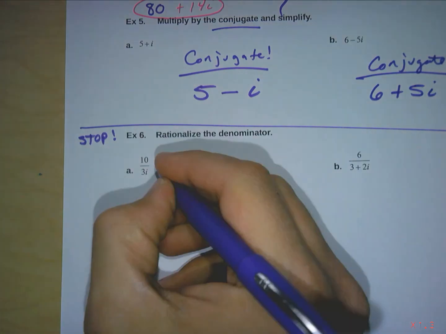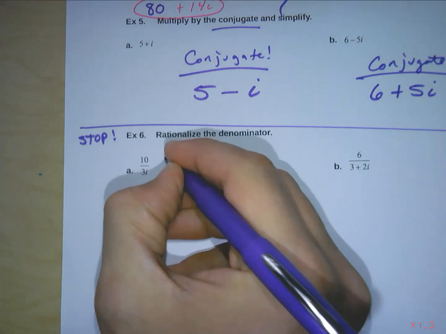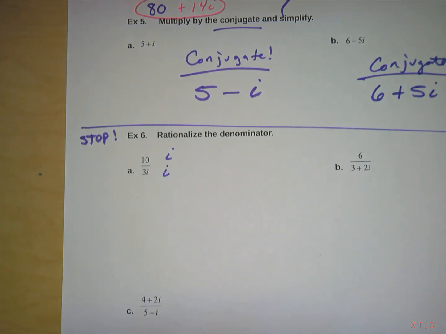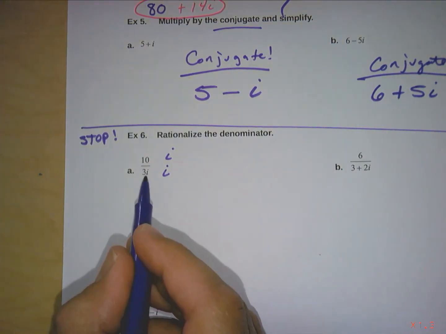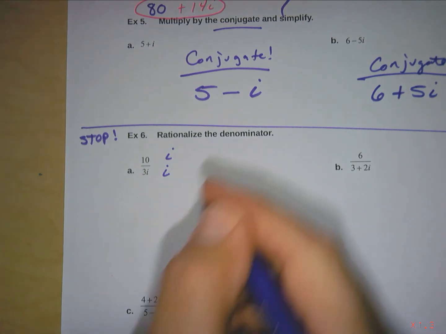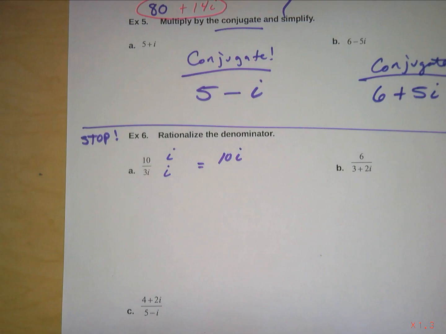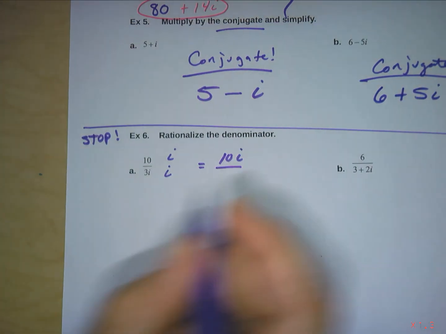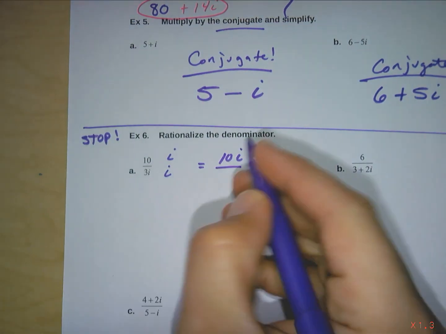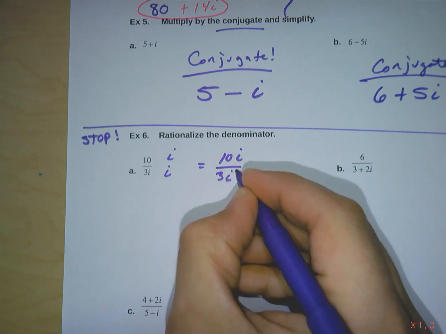We need to multiply top and bottom by i. So we end up with 10i on top, and on the bottom, 3i times i, which is 3i squared.